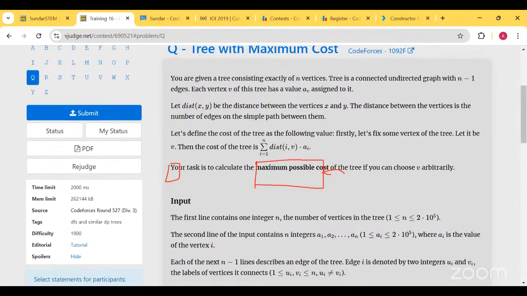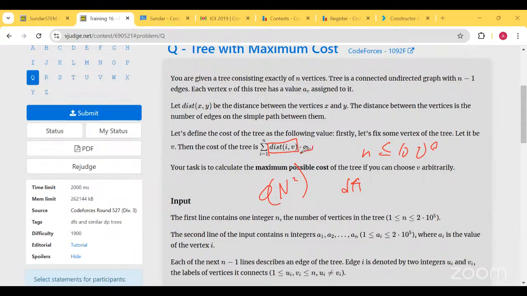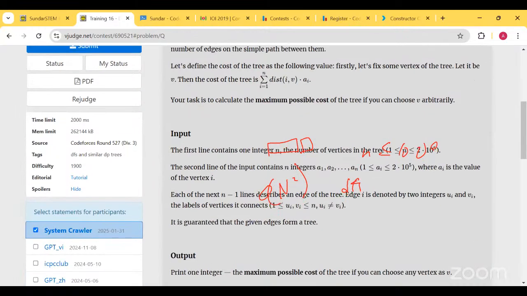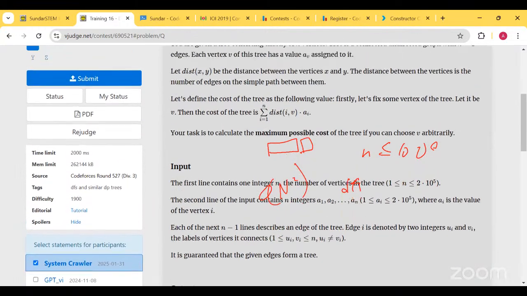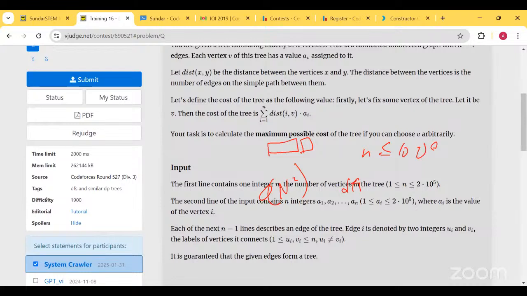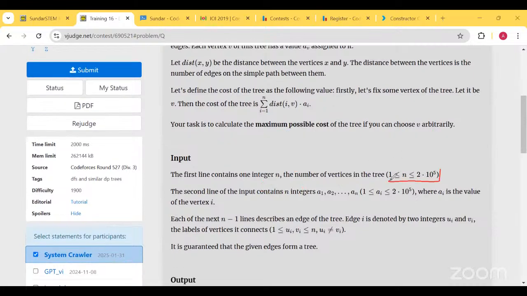So first, if n is small, if n is only 1,000, we can try to iterate for all nodes, right? And then just find all of the distances using DFS, and then just multiply by a i. But do you know how to solve it faster if n is 200,000?